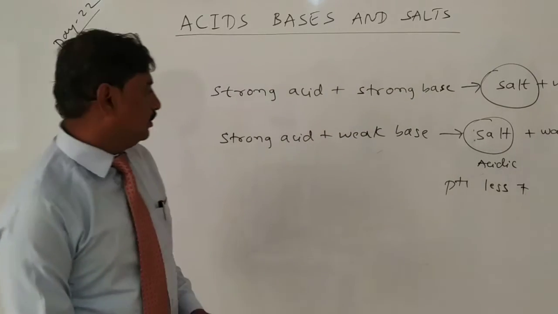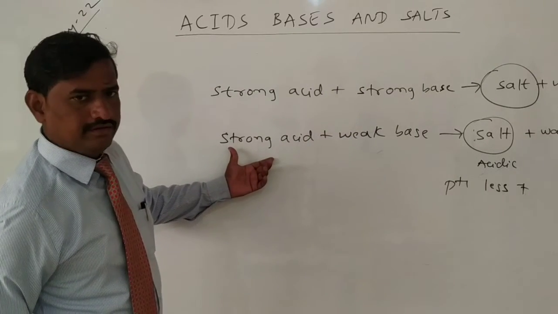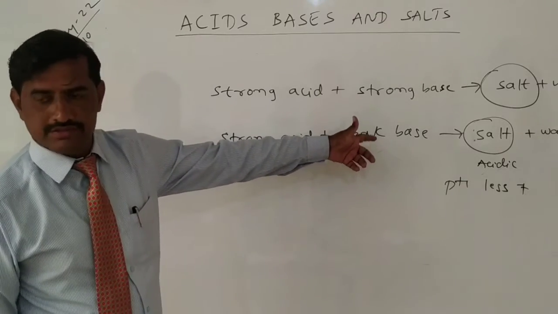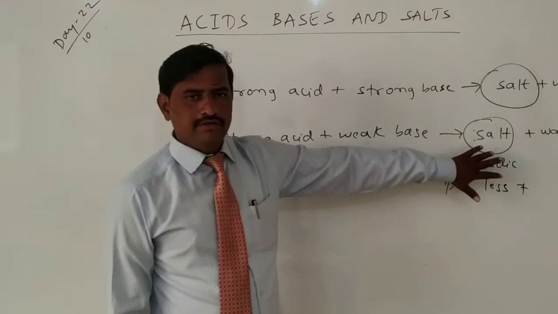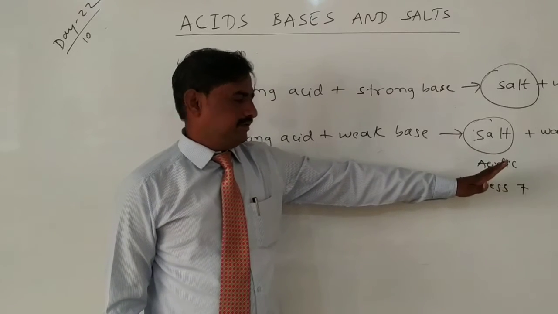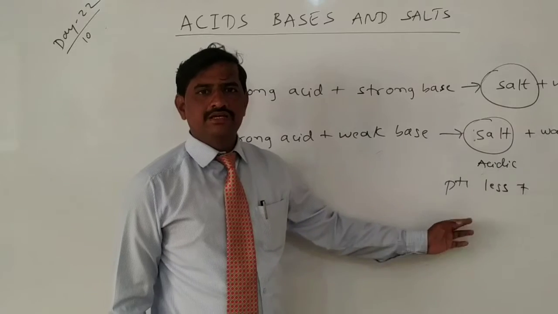When a strong acid reacts with a weak base, a salt is formed that shows acidic properties. It means its pH value is less than 7.